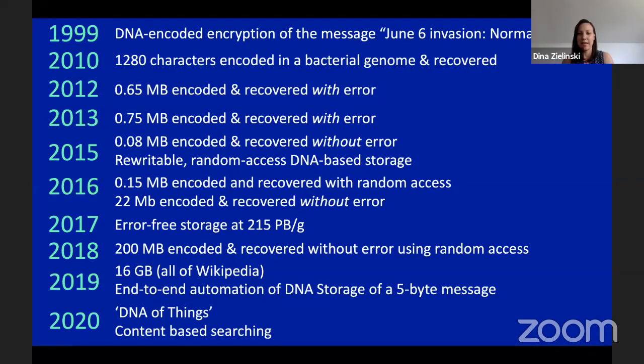And this allowed them to actually print, for example, the instructions in a digital file into a 3D printed object, so that you could actually break off a piece of that 3D object and sequence to get that data out. And so you can find this if you Google DNA of things. They stored data in a 3D printed bunny, and they were able to show that they could break off a piece of the bunny, extract the DNA, sequence it, and get all their files back.